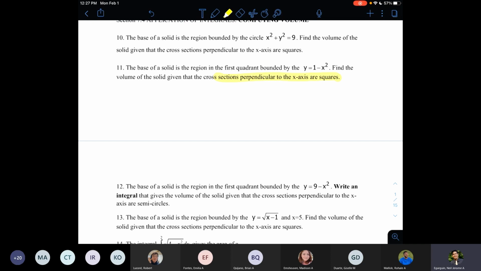The main difference with problem number 10 is that the base is bounded by a parabola, but that is similar to what we have in problem 12. So you can pick up the bits and pieces of our solutions from problems 10 and 12 and then come up with your own solution to problem 11. So try problem 11 on your own, compare your answer with the one that I will upload later today. So yeah, that will be a good practice.